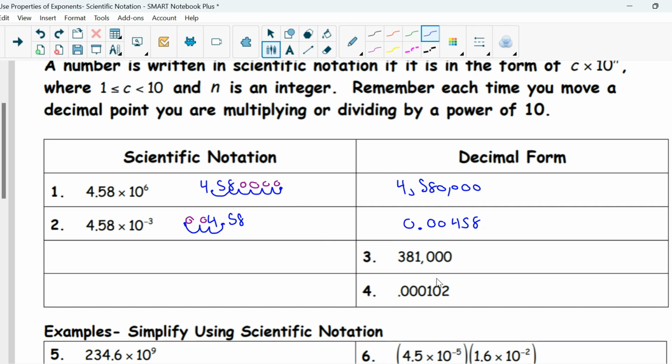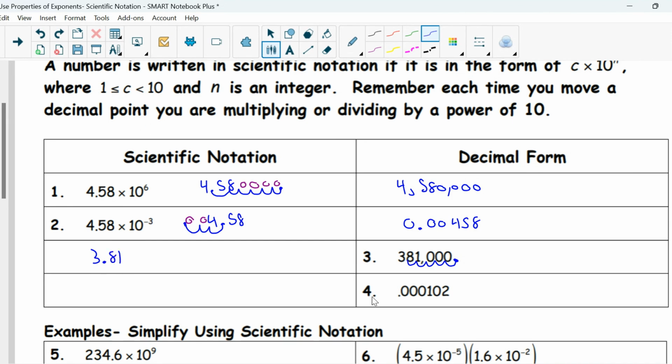Okay, so for number 3 here, right now I have a large number where my decimal point is on the very end. So to write this in scientific notation, I need to figure out how many decimal places I need to move in order to get a single digit number. So I'm going to move my decimal point to the left. 1, 2, 3, 4, 5 places, because that gives me a single digit number of 3.81. So for my scientific notation, I'm going to write my 3.81.